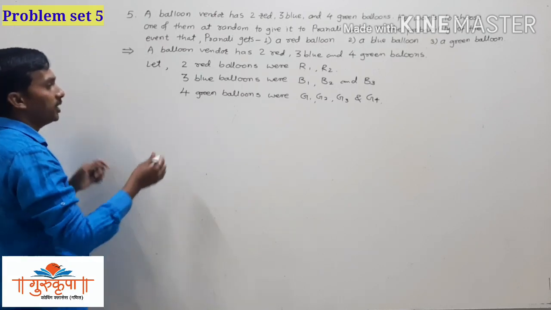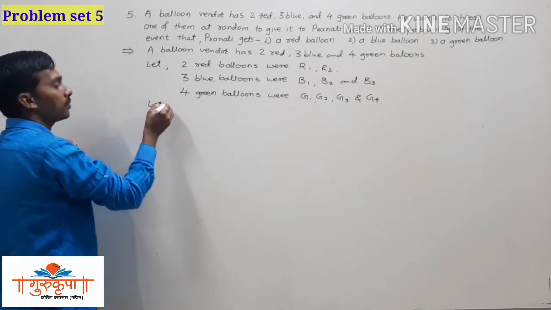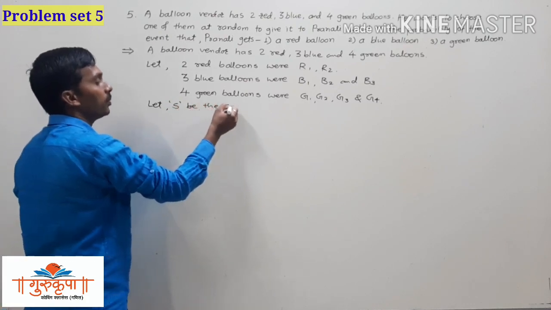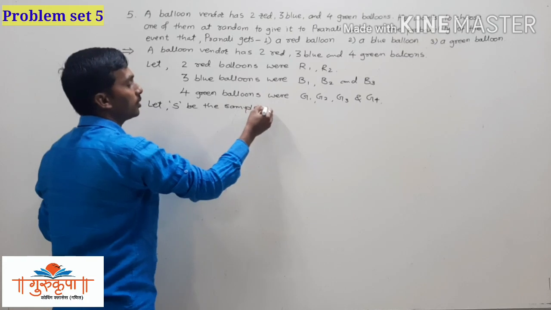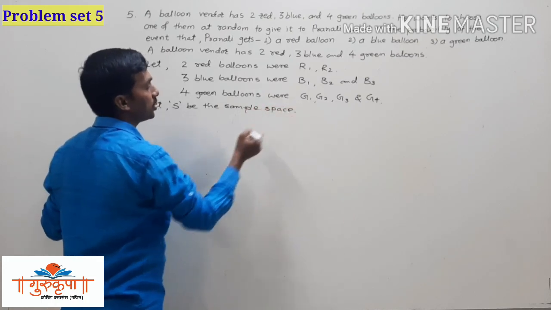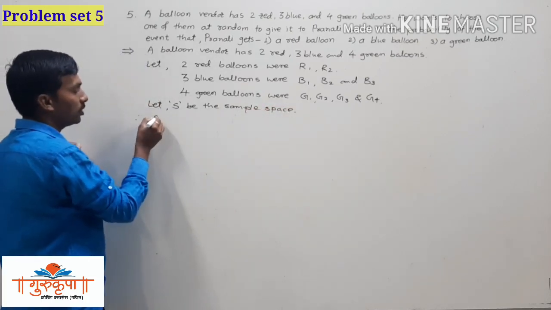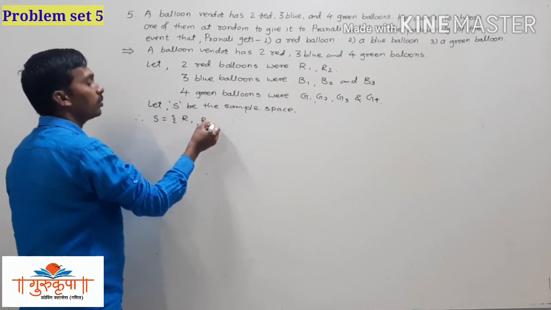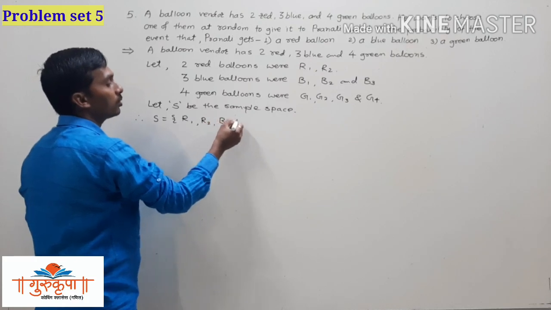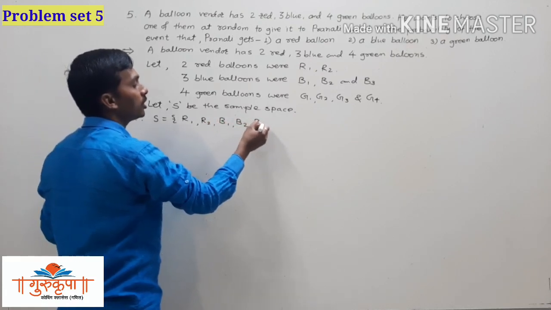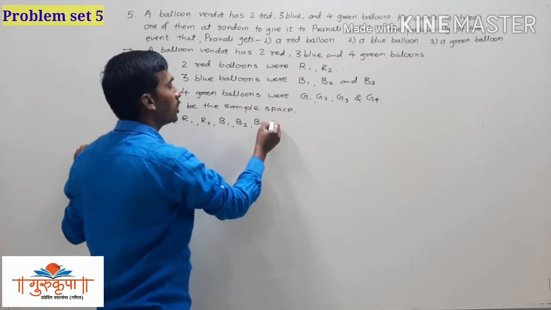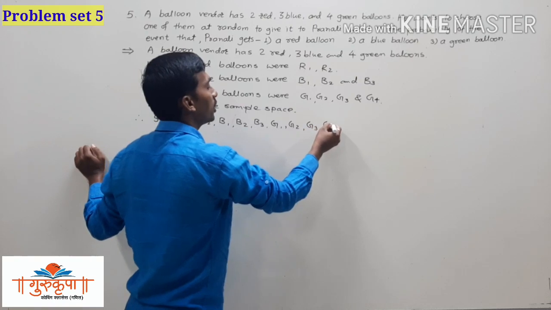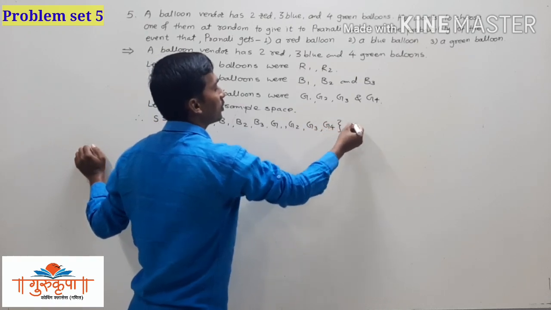Now here let S be the sample space. So we have S equal to the curly bracket R1, R2, B1, B2, B3, then the 4 green balloons G1, G2, G3 and G4, curly bracket close.